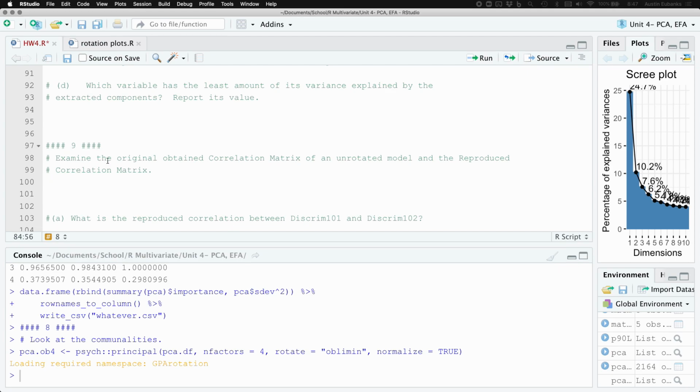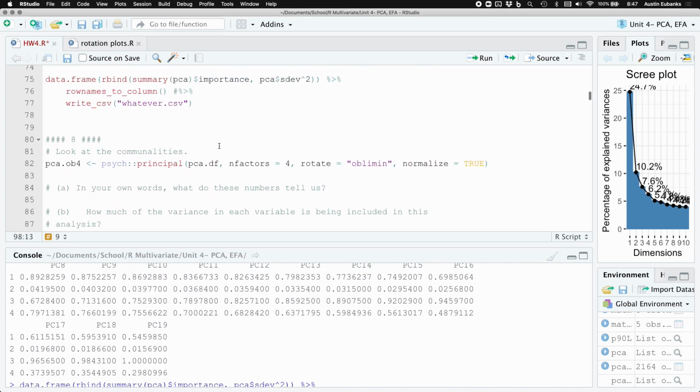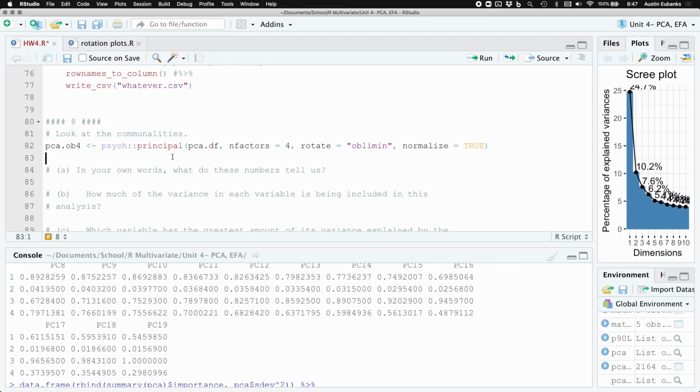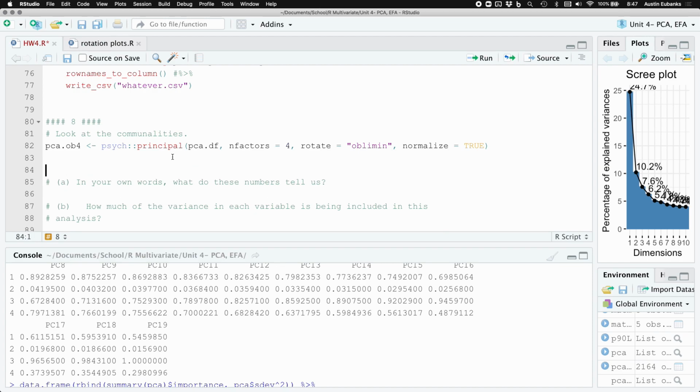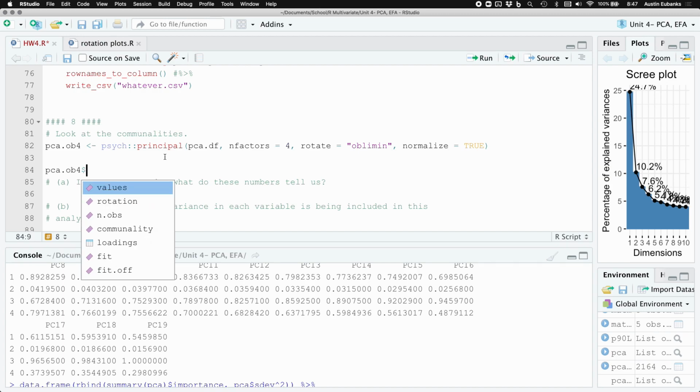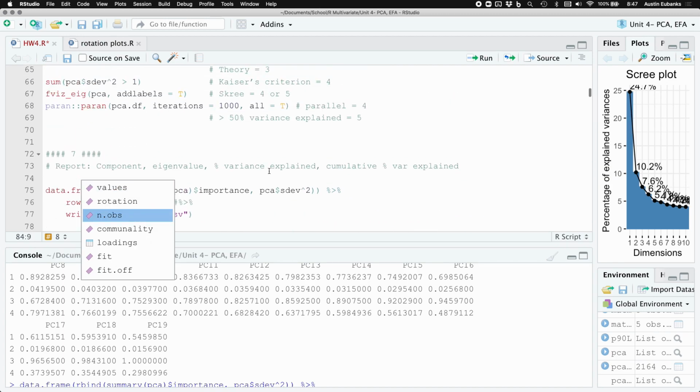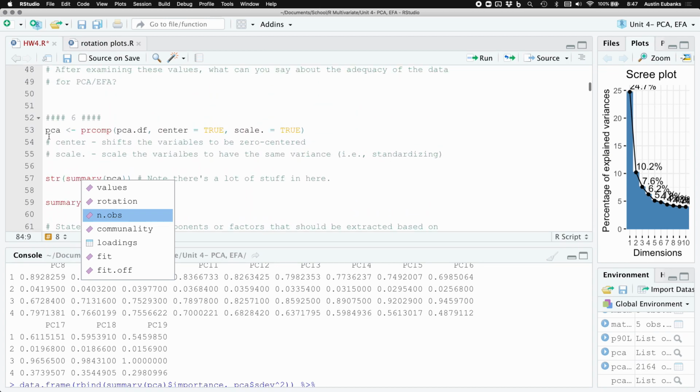Oh, I guess I should probably, now that we've shown that, as far as pulling these things up in R, look at PCA OB4, which from here on out we won't be using the regular PCA that we did up here. We're completely done with that PCA.